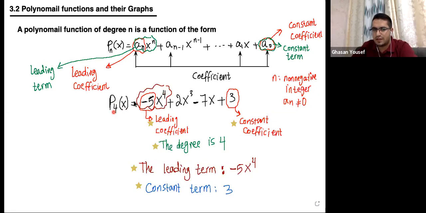What is the highest power? It is 4. So the highest power is x to the power 4, and the coefficient is the number in front of x to the power 4. And when we say term, yes, it's everything, including the number. Okay. But the constant term and the constant coefficient are the same, 3. Both of them are 3.